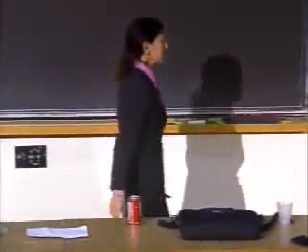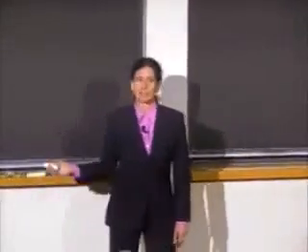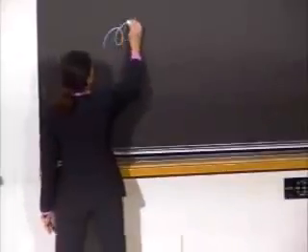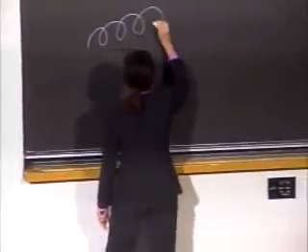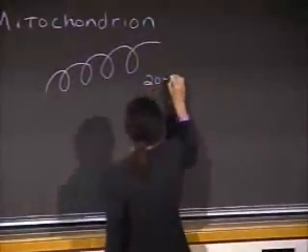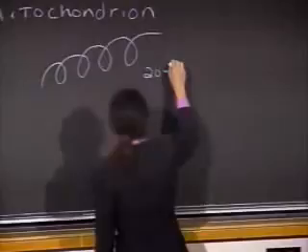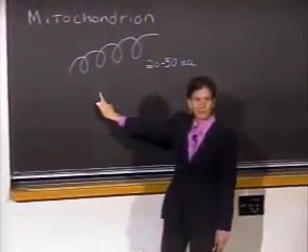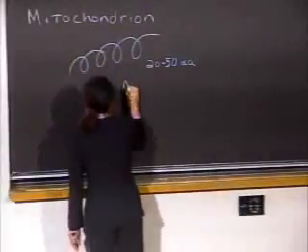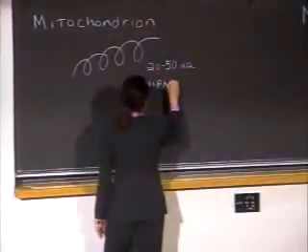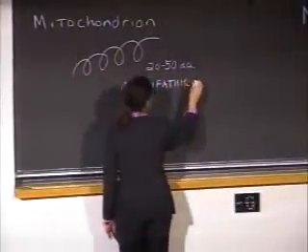So in the cytoplasm, a mitochondrial protein starts to be synthesized, it's translated, and it has a signal too, only it's different than a signal sequence. It's about 20 to 50 amino acids, and it forms a helix. And it's actually an amphipathic helix.